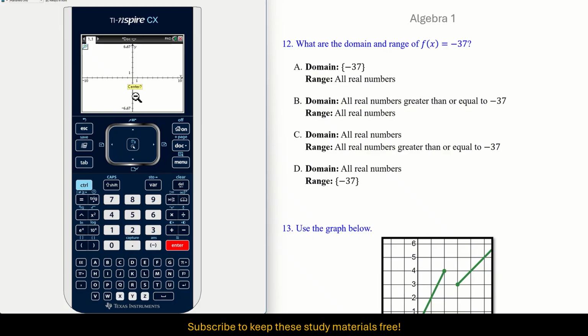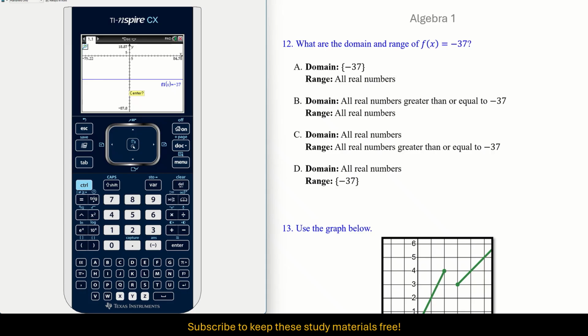And let's see, you can use your cursor, but I'm going to go as far down as I can and keep zooming out. There it is. Okay, here we go. See how I did that? I just kept pushing, and you can do that on the 84 also. Just keep pushing enter and moving around your cursor until you get where you need to be.